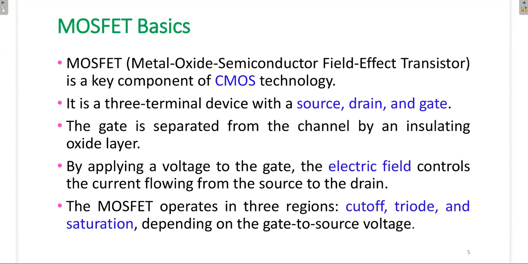Next, MOSFET basics. As we know, MOSFET means metal oxide semiconductor field effect transistor. It is a 3-terminal device. They are source, drain, and gate. Usually the gate is separated from the channel with the help of an oxide layer.